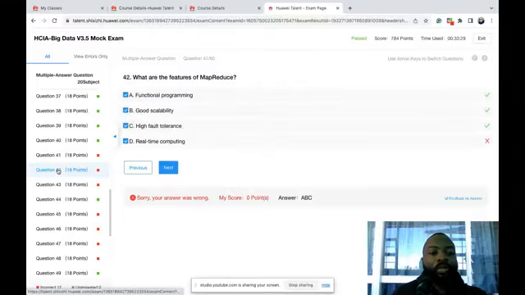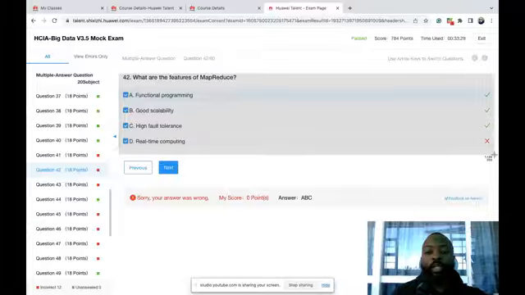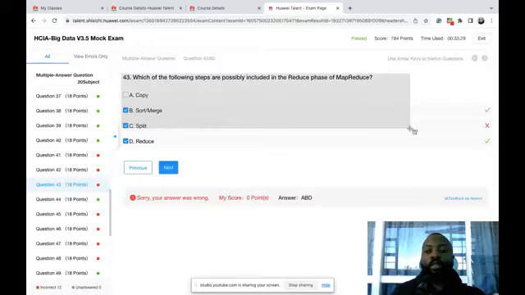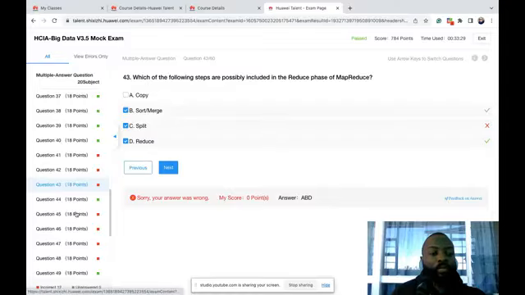Okay, so 42. The answer was A, B, and C. So the last one was not supposed to be there. And then we got 43 as well, A, B, D. Which one did we get wrong?